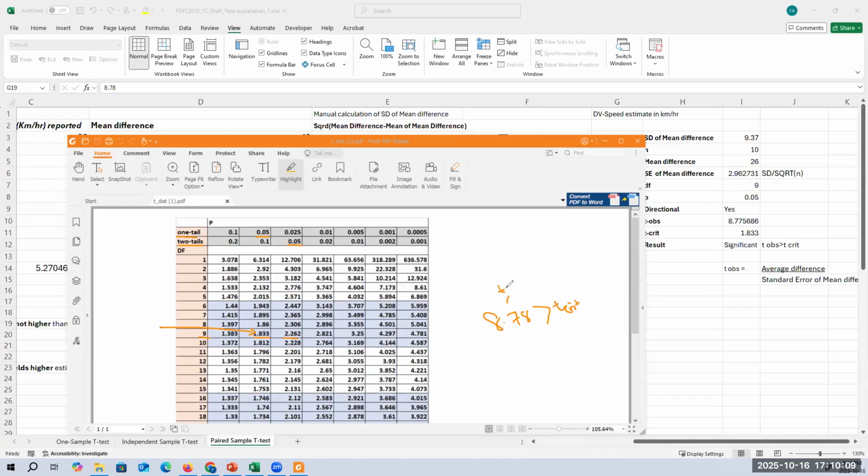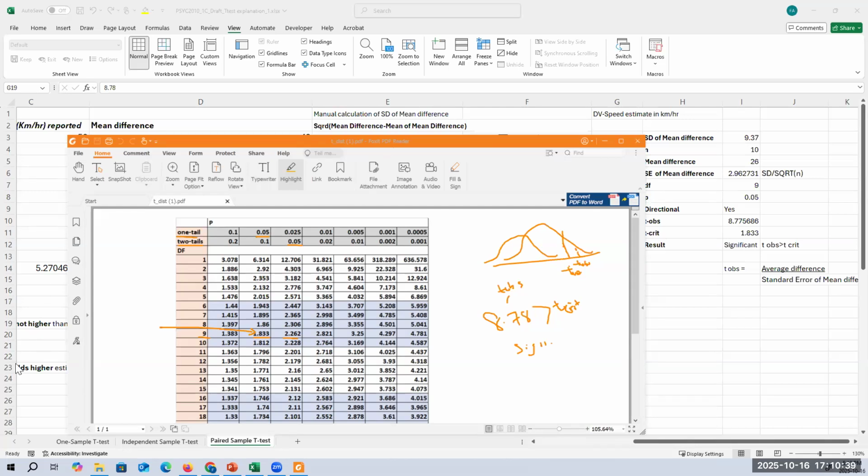This is our t observed. So when we look at our distribution, our t observed is over here, and our t critical is over here. You can see that our t observed is greater than our t critical, so it's significant. And we had a threshold of p equal to 0.05.